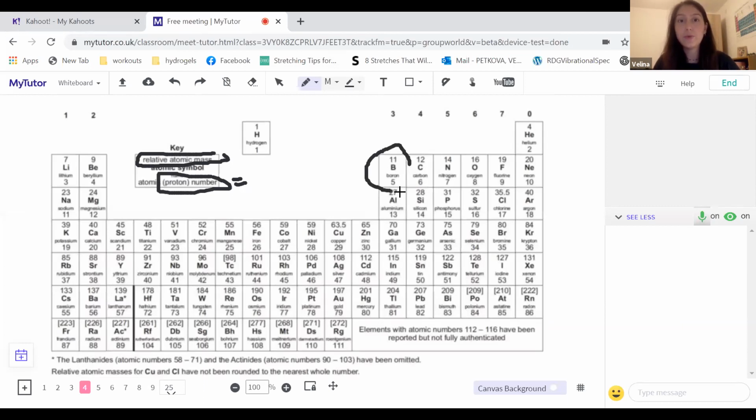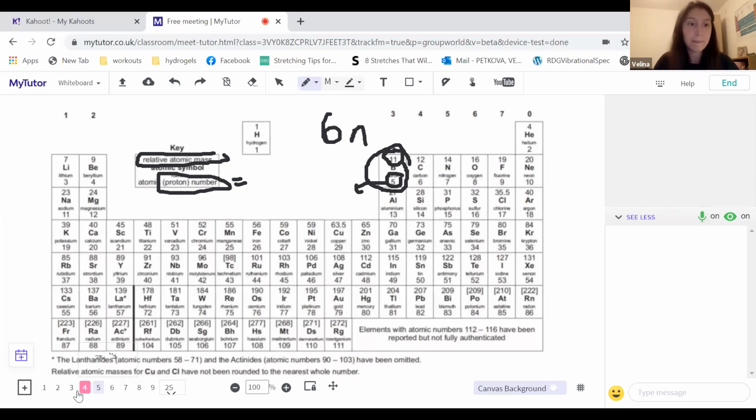If we take boron, the atomic number at the bottom, also known as proton number, is 5. So how many electrons is it going to have? It's going to have 5 electrons too. And how many neutrons is it going to have? 11 is our mass number. That's the number of protons and the number of neutrons. So 11 take away 5 gives us the 6 neutrons present in our nucleus.